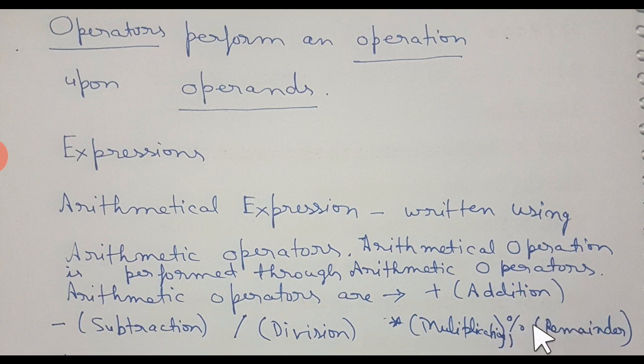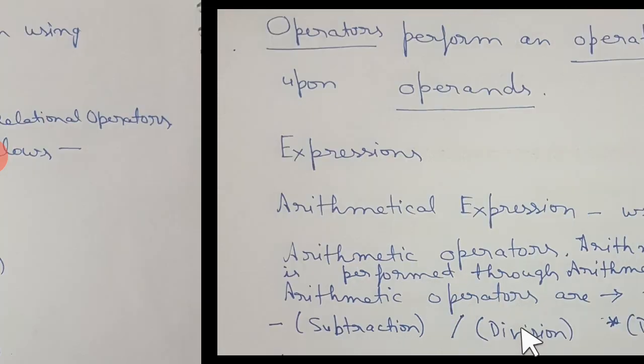And remember students, this percentage sign is meant for remainder. It gives us the remainder and it is called modulus. Don't forget. Alright, it's a very important operator among all the available arithmetic operators in Java, because in various applications you will be using that.